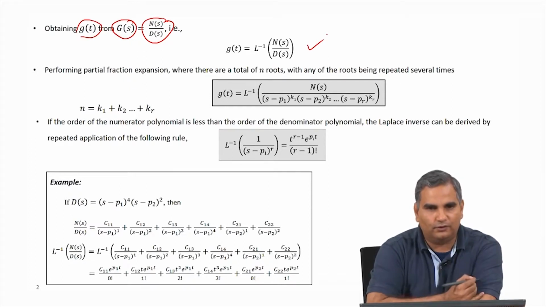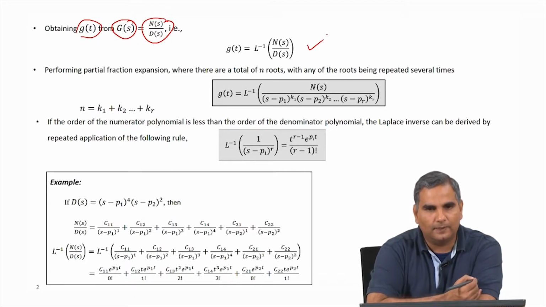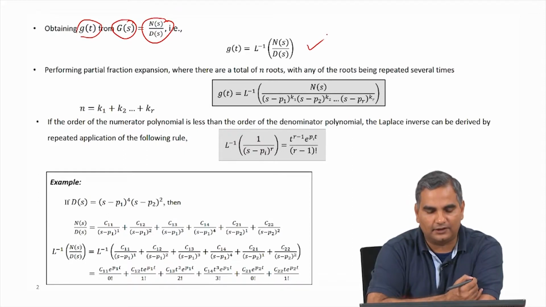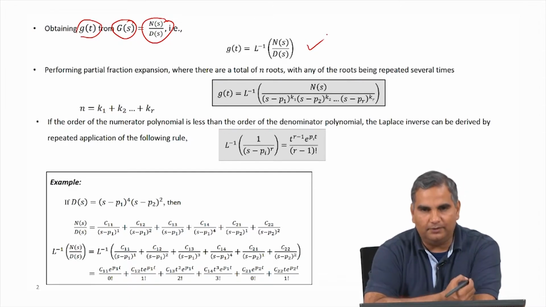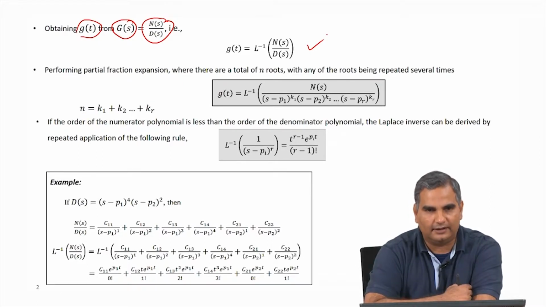Actually, what we are going to show, it does not really matter whether it is a real root or a complex root, it will always work, and that is the reason why we are going to use the notation p as a pole of a transfer function. So, whatever I am deriving here and whatever result I am showing here, you can simply follow that result whether the root is complex or real, it really does not matter.